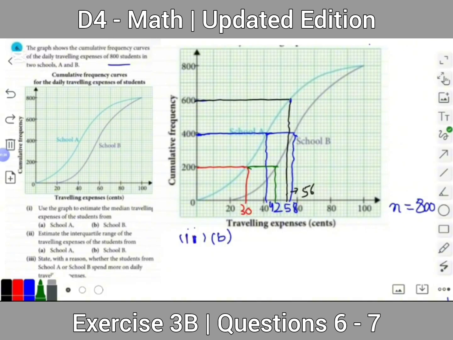So the value lies somewhere between 46 and 48, so it is roundabout 47. So the lower quartile from the graph, Q1, is equals to 47 cents.